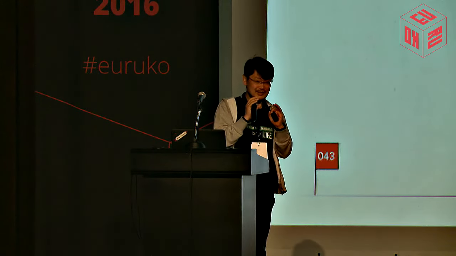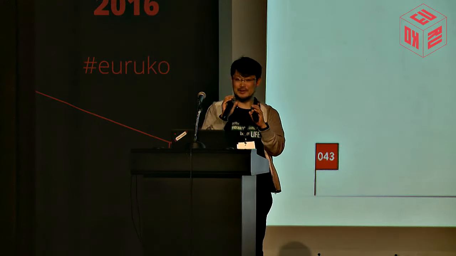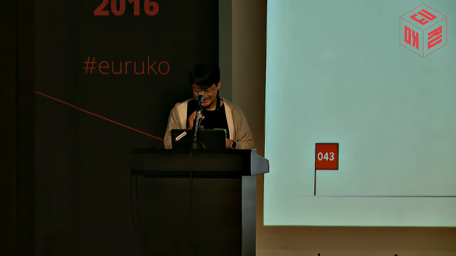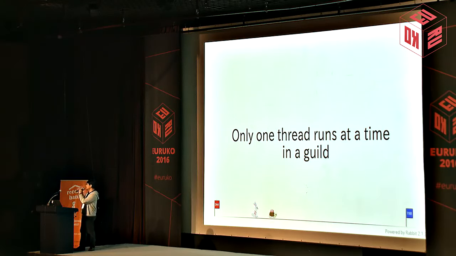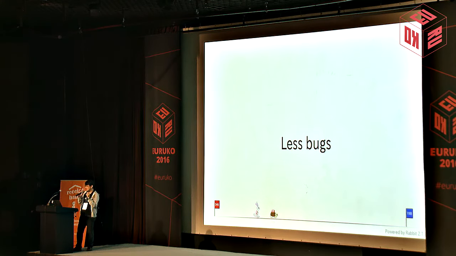Those guilds are exclusively locked using the guild interpreter lock. Only one thread runs at a time in a guild, but in a different guild, the other threads can run in parallel. We provide the concurrency abstraction with compatibility, and then you can have fewer bugs.